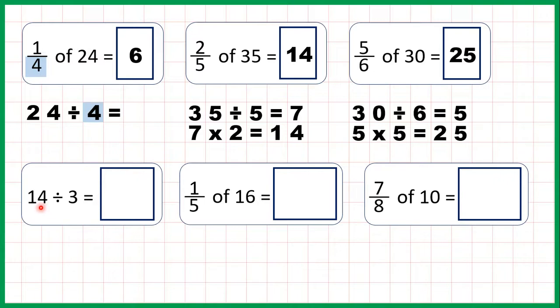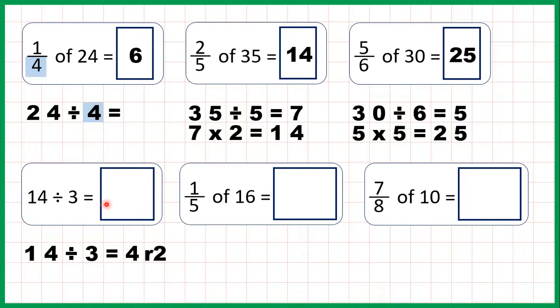Now 14 divided by 3. So 14 divided by 3 is 4 remainder 2, because 4 times 3 is 12, and then we need 2 more to get to 14.